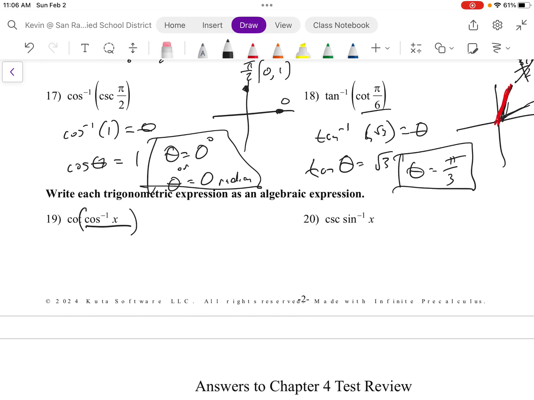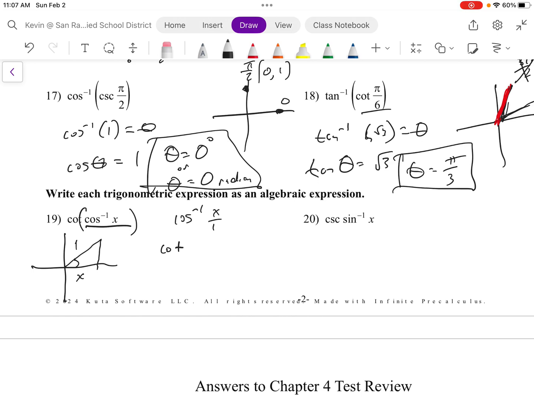Okay, here we're going to draw triangles, because we're not in the unit circle. So first we look at cosine. Cosine is adjacent over hypotenuse. This is x, so this is the same as saying arc cosine of x over 1. So this is x, this is 1.